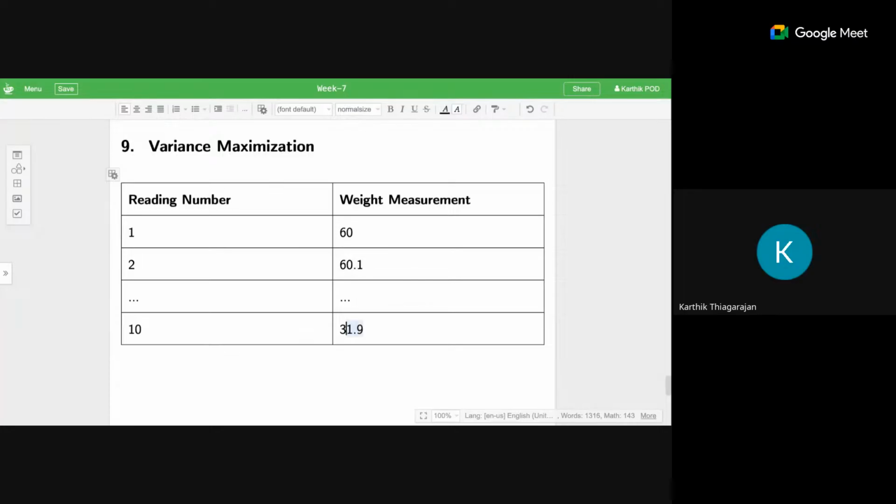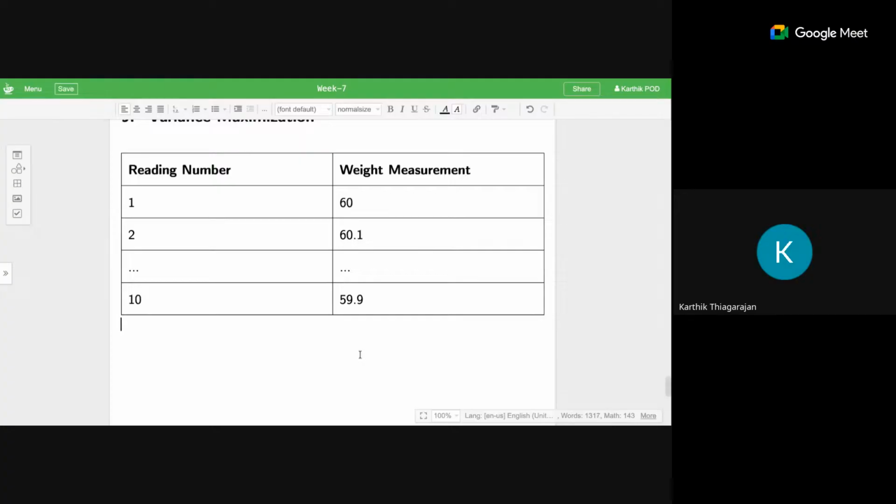So it is like 60.1, 59.9. Assume that this adult, man or woman, is traveling to different places on say two to three consecutive days, and wherever this person goes, they measure their weight on different weighing machines, and these are the readings. So 10 different weighing machines give these readings.